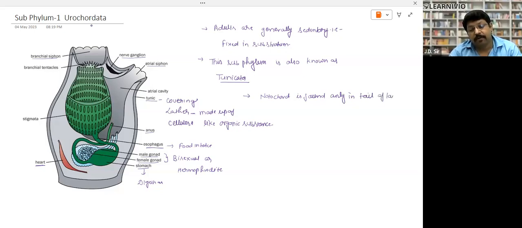Tail of larva means young one. And it disappears in adults.